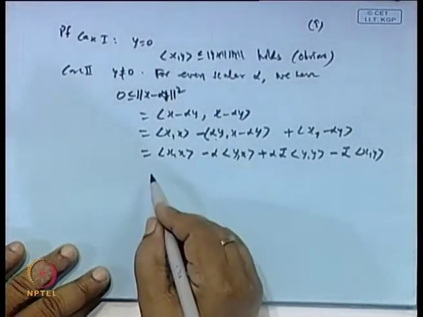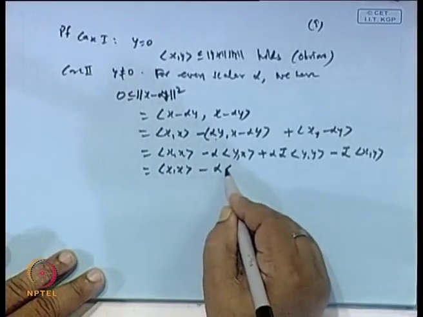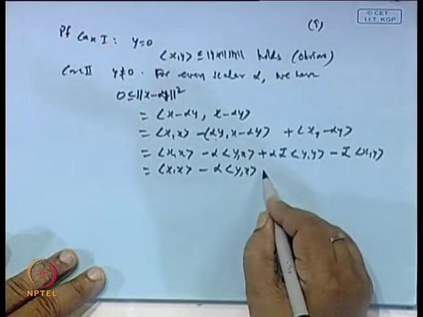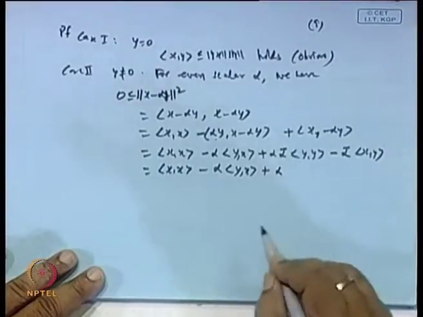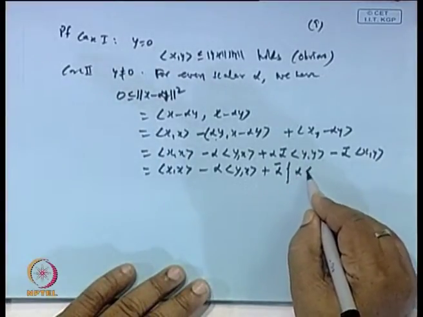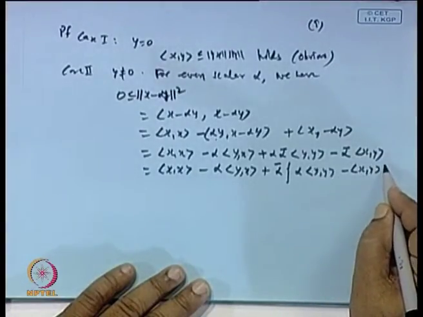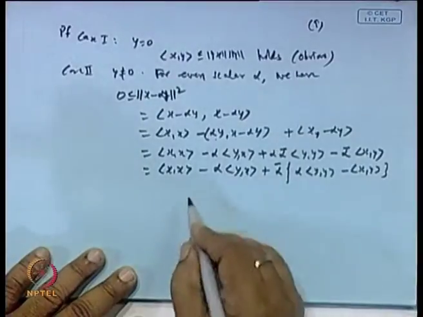Clear? Now, this is equal to conjugate plus alpha bar I take outside, alpha ⟨y, y⟩ minus ⟨x, y⟩. Is it okay?